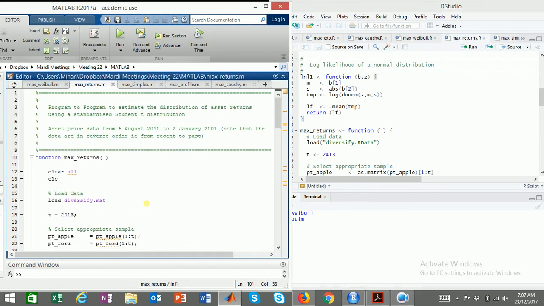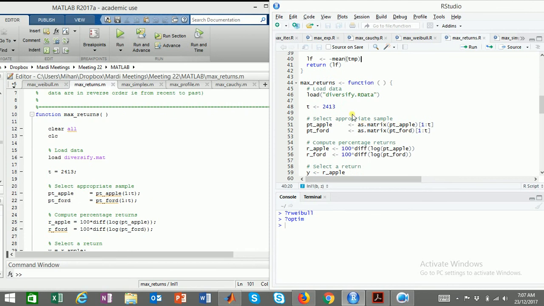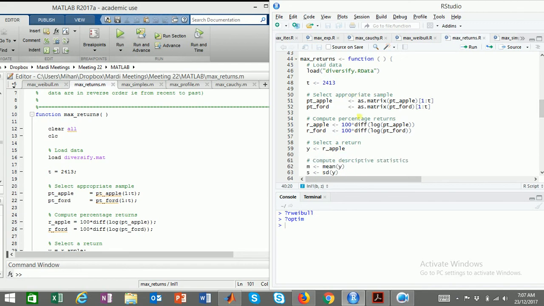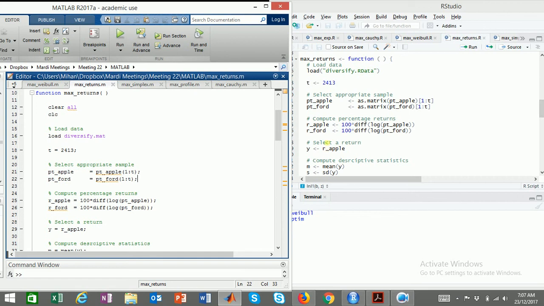Now let's call the functions. The whole thing is put into a function called max returns. Data is loaded, 2413 observations, then we are passing the information. So as a matrix we are passing all 1 to t for Apple and for Ford.